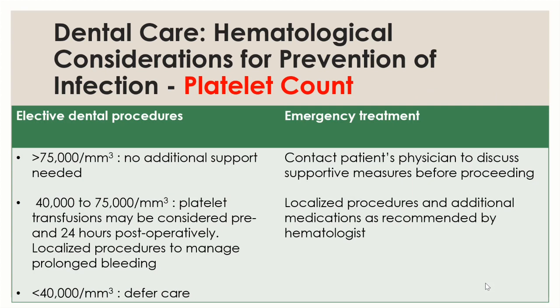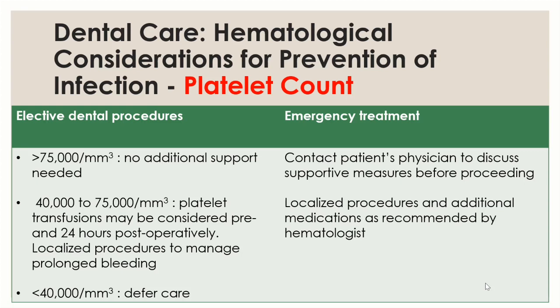Another factor that we need to take into consideration is the platelet count, because these patients usually present with thrombocytopenia and are at risk of bleeding. For elective dental procedures, if the count is higher than 75,000, no additional support is needed.